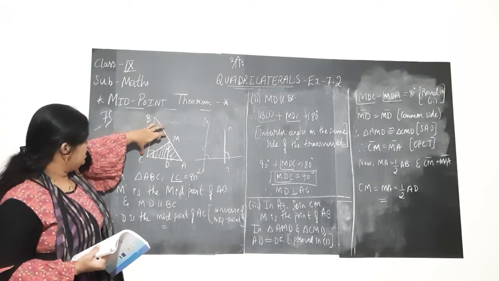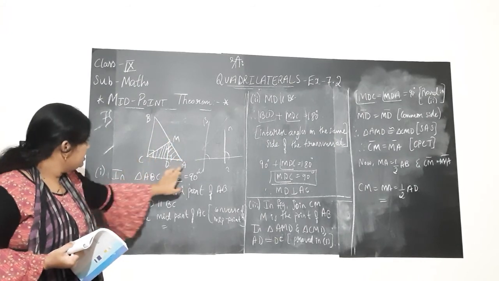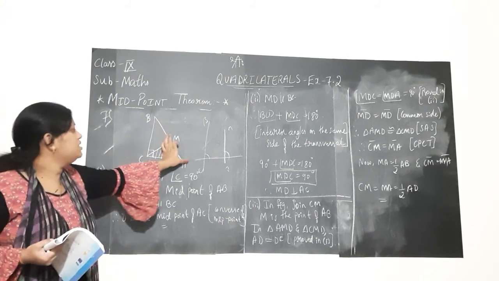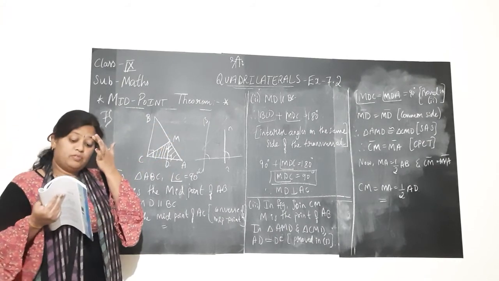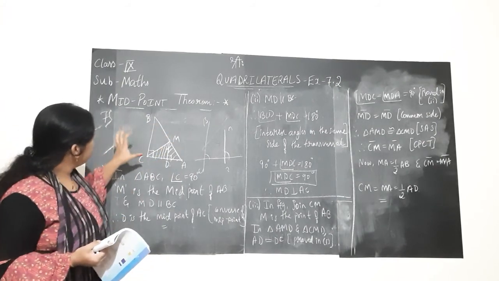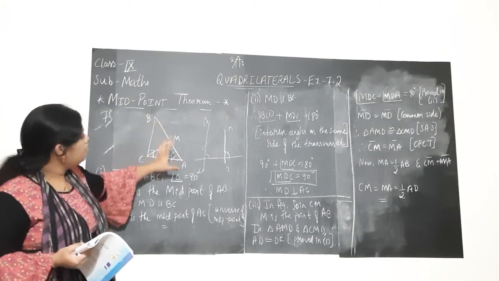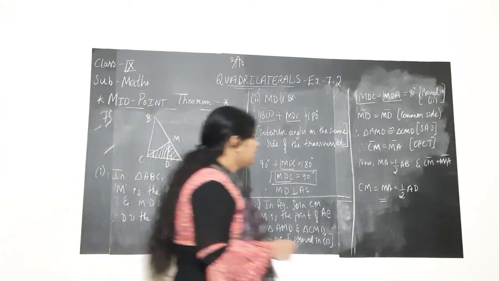If you consider this whole triangle MCA, side CM is equal to side AM, that is what we need to prove. That is nothing but half of this AB. Since M is the midpoint, this is half of AB.